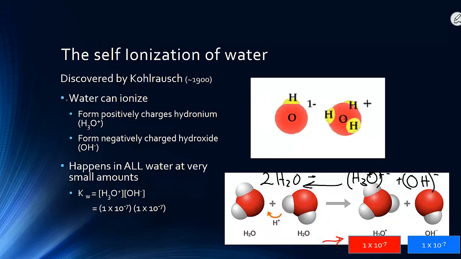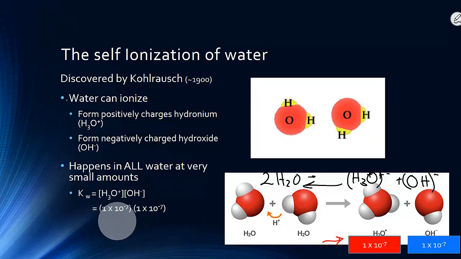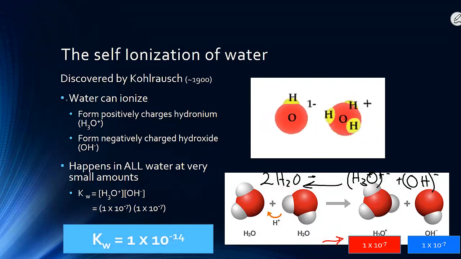Since only about 1 in every 10 million water molecules undergo this reaction, if we take the concentration of our hydronium times the concentration of our hydroxides, that means that water has a self-ionization constant of 1 times 10 to the negative 14th at standard conditions.